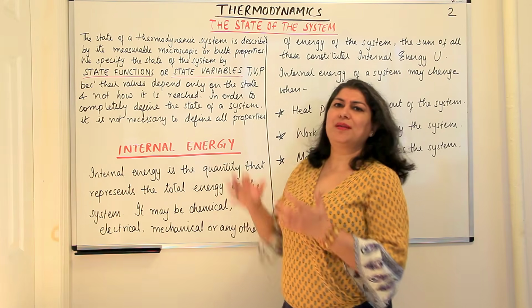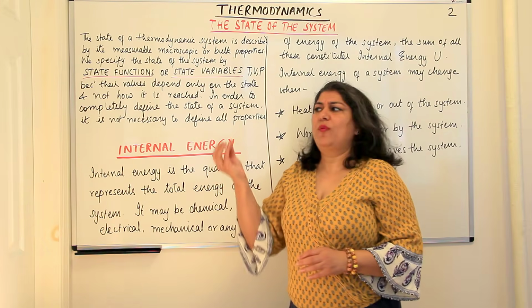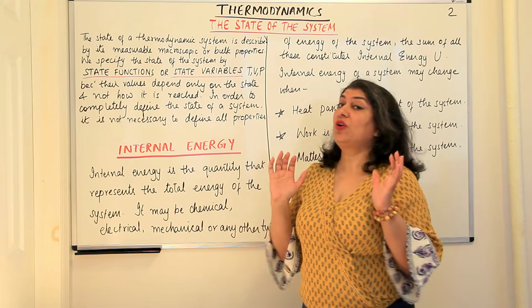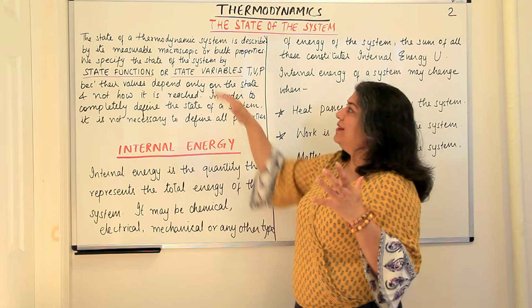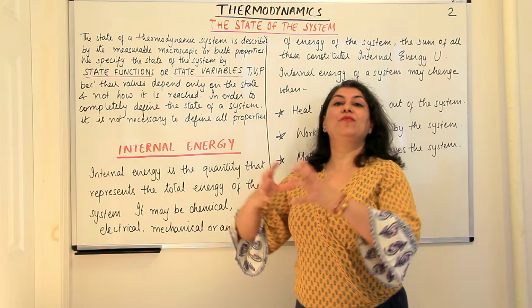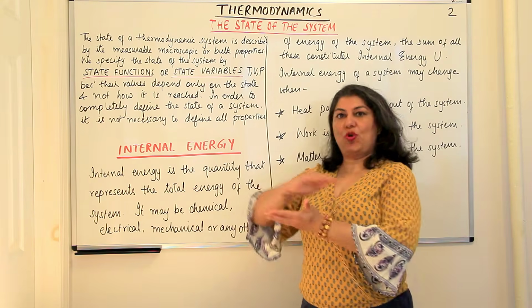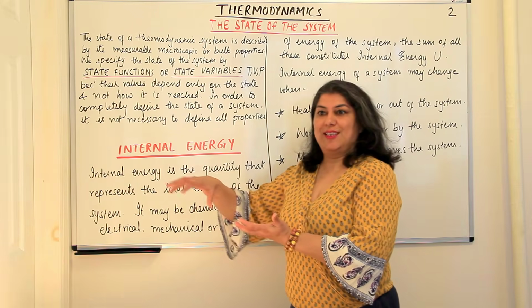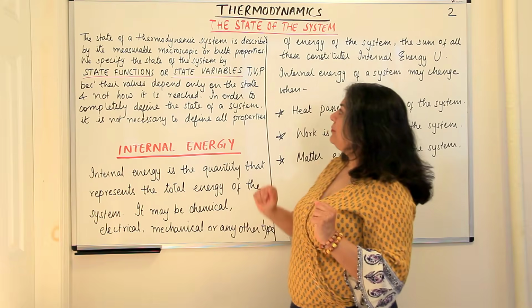We're not concerned about exactly where an atom or molecule is or where it is running. We are not really concerned about individual atoms and molecules. So when we say bulk properties, we are talking of macroscopic properties, that is, the properties of all the molecules in the system as a whole.